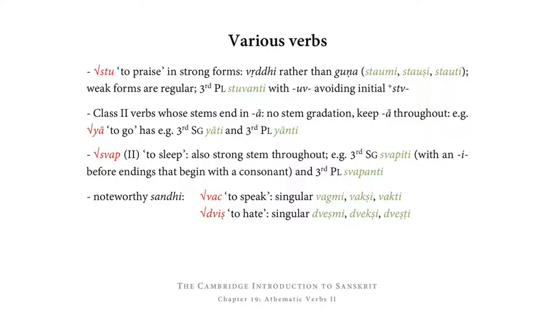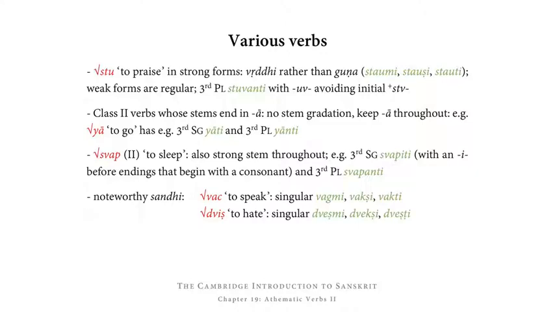Then, svap, which is also class 2 and which means to sleep, also has the strong stem throughout the paradigm. So we have a third singular svapiti and a third plural svapanti. So svap, strong stem throughout the paradigm. Also note, svapiti adds an i between the stem, svap, and the ending, t, and this is something that this verb does before all the endings that begin with a consonant.